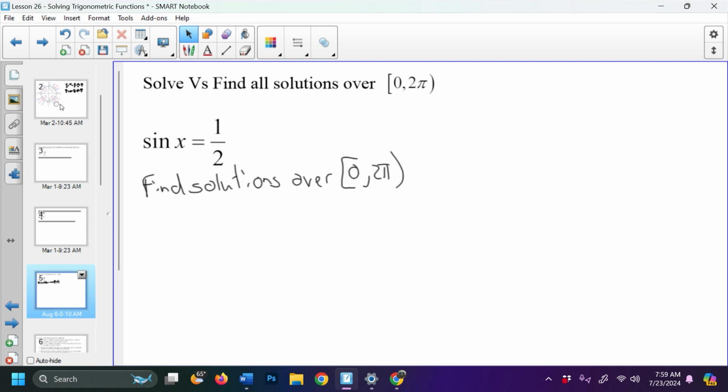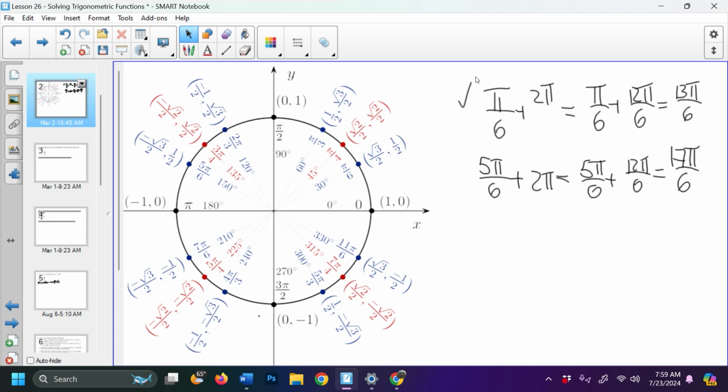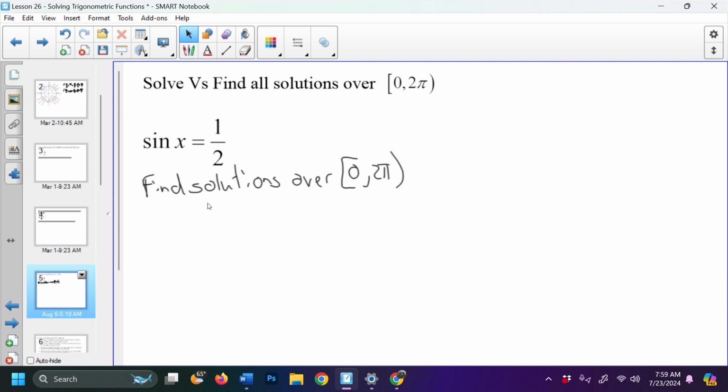So using the unit circle, it is just these two values. We've already found them. So for that first one, it's just x is equal to pi over 6 and 5 pi over 6.